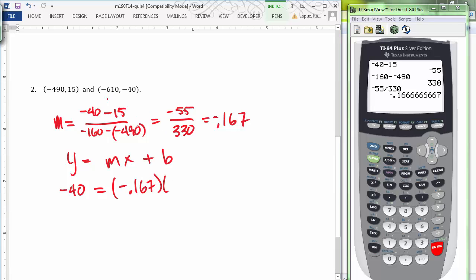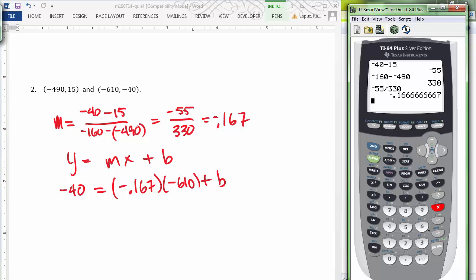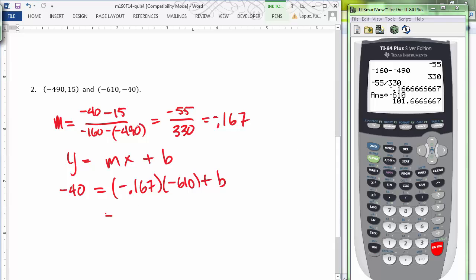The x is negative 610 plus b, and b is what we're solving for. So I need to multiply this number times negative 610. We got 101.6667 positive.